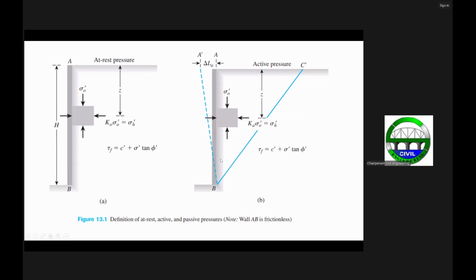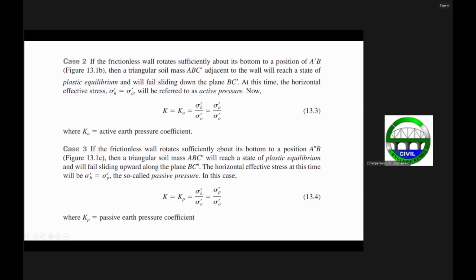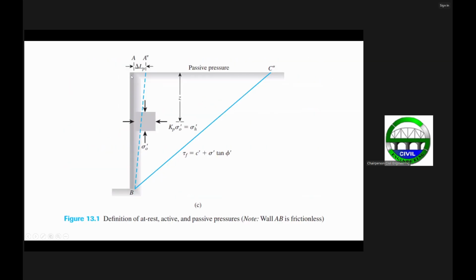So the soil will slide down. But in this case, if the wall moves towards the soil, then this soil mass A, B, C double prime will slide upwards along this plane BC double prime.